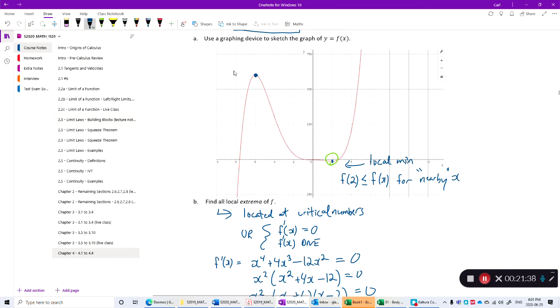And this one is clearly a local max, because f of minus 6 is greater than f of x for all nearby x's. It's not bigger than these ones over here, but that's not nearby. It's just in, say, like this interval. In this interval, you can see it's clearly greater than all those points. Now, what about 0? It's hard to say.